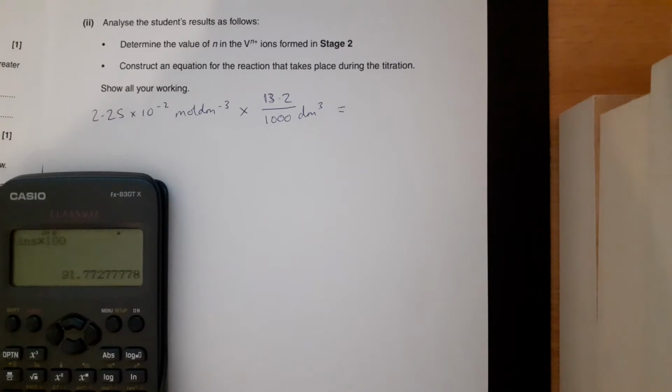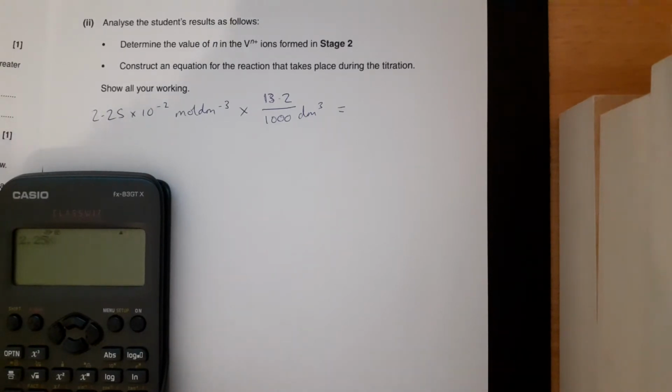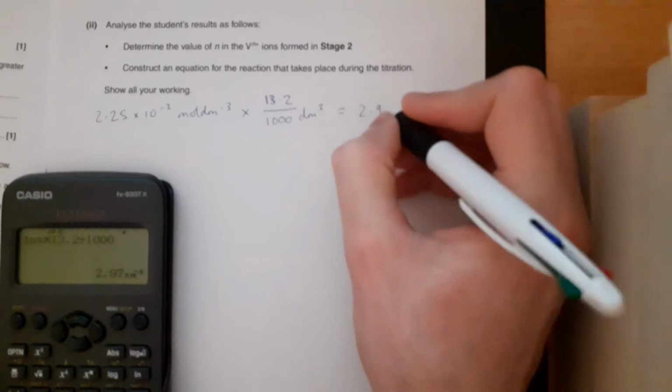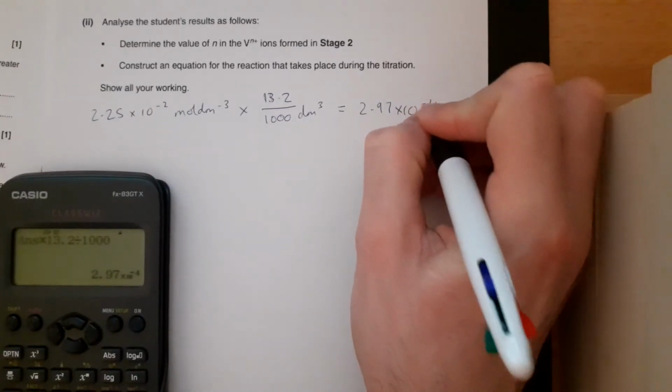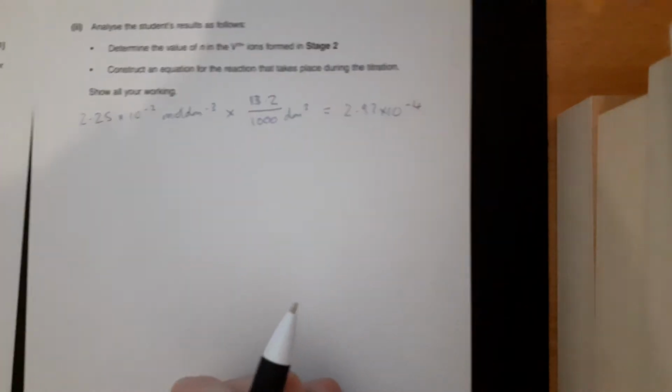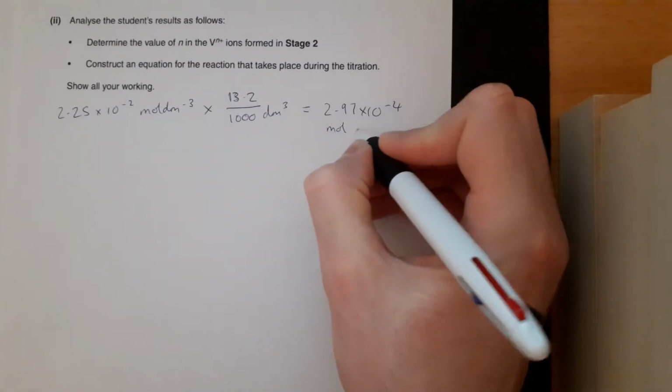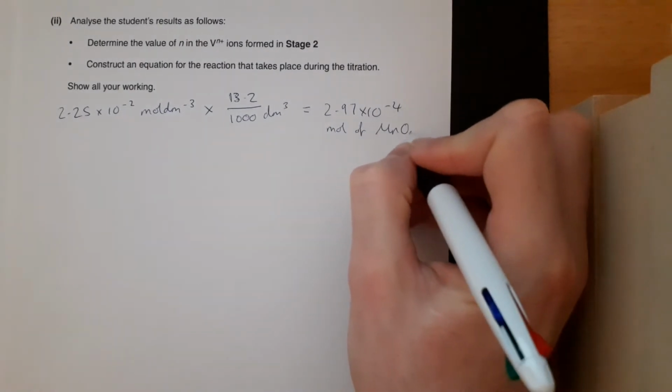Right, let's do this. 2.25 times 10 to the minus 2 times 13.2 divided by 1,000, and we get 2.97 times 10 to the minus 4. And that is the moles of the manganate.